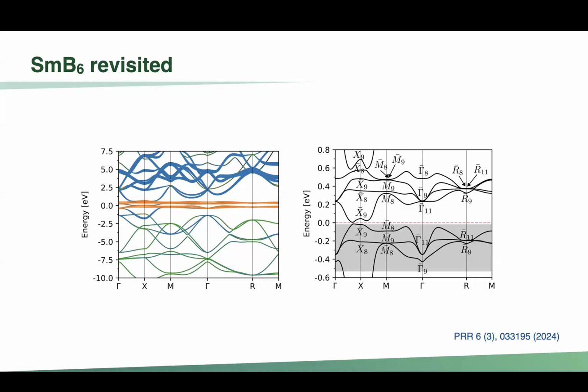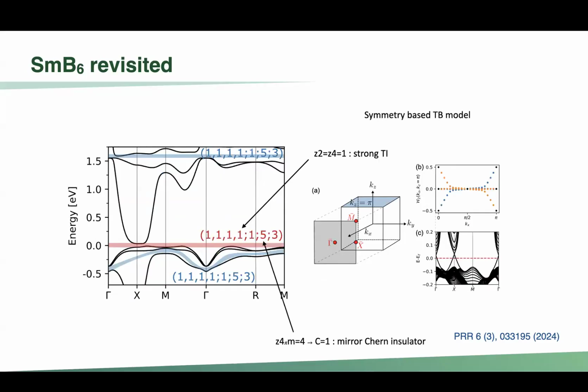So we do group theory analysis by assigning all the irreps and getting the symmetry indicators and all that. And what we found is that there is a lot of topology around the Fermi level. The first gap appears at minus 0.5 with many types of different indices, and this gap is carried over to the gap at the Fermi level and to the next gap above the Fermi level.